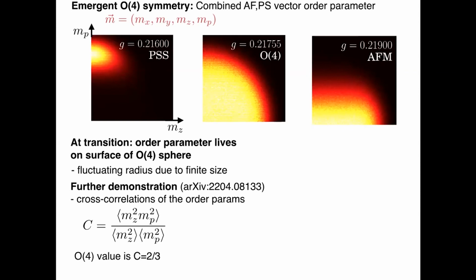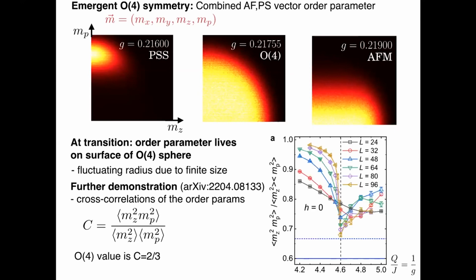If we have O4 symmetry, you can easily compute that the value should be 2/3 if the order parameter sits on the surface of an O4 sphere. And as a function of Q, indeed, you come very close to that value. So we believe that it has O4 symmetry, but it's a first order transition. That's not what people would expect.